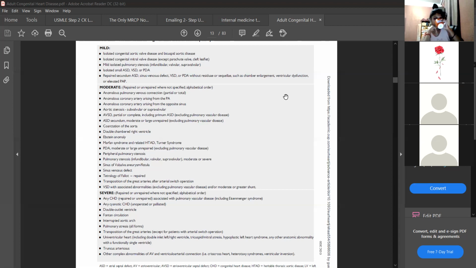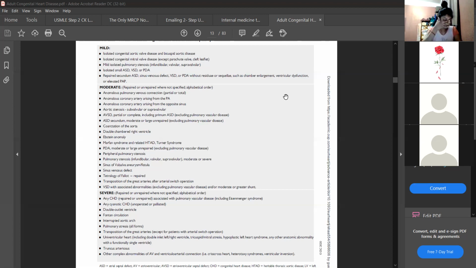But your truncus arteriosus, your TAPVC, your TGA, they are cyanotic, but they fall under mixed. So to say that all cyanotic heart diseases involve right to left shunting would be an overgeneralization.